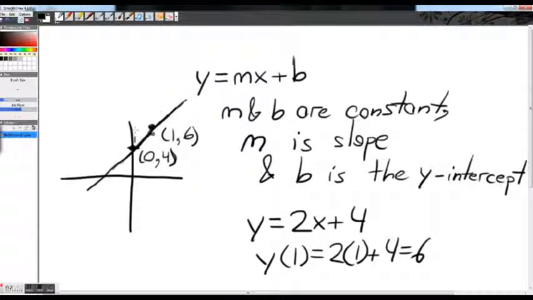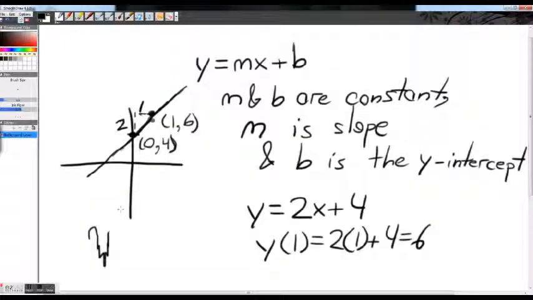The slope, often called rise over run, is the average rate of change. However, for a linear function, the slope is constant. So what the slope of 2 means is that for every x value it goes over 1, it goes up 2 in y.